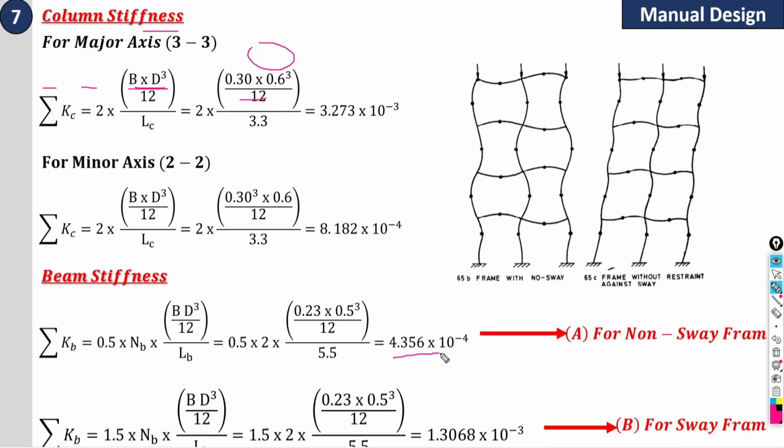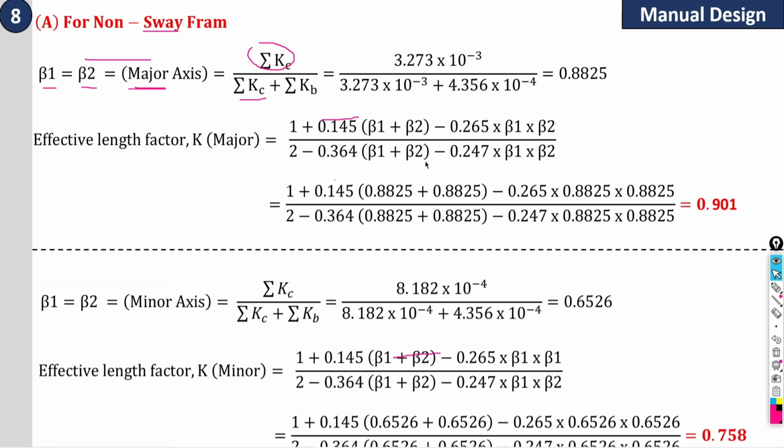Non-sway beam stiffness is what? 4.356 and major axis 3.273. I am going to put all these values here. Major axis, non-sway, what value is there? Again I forgot.